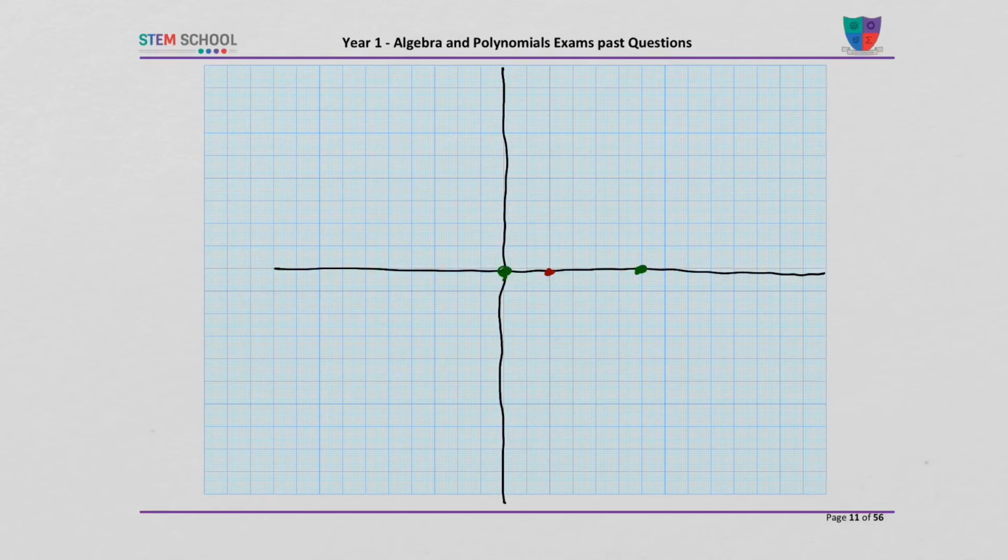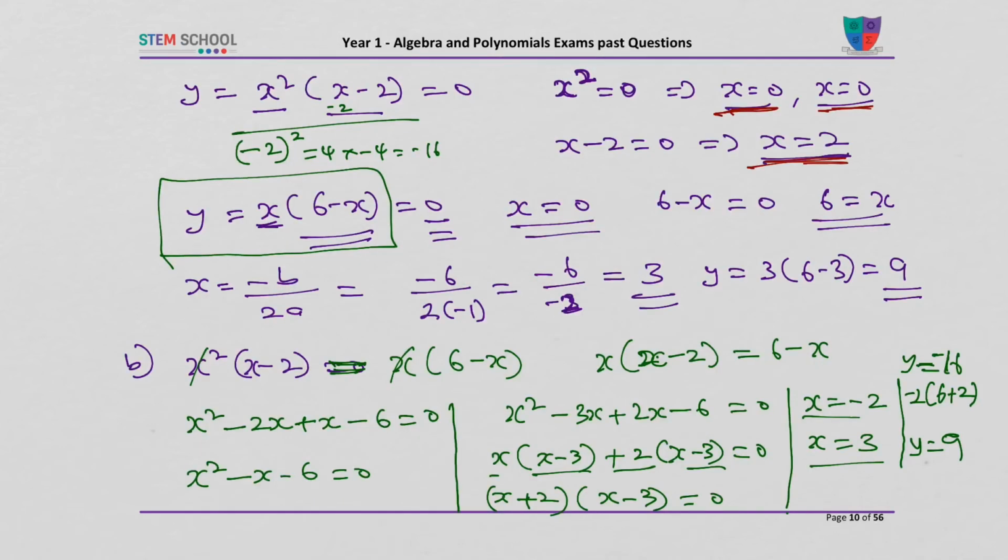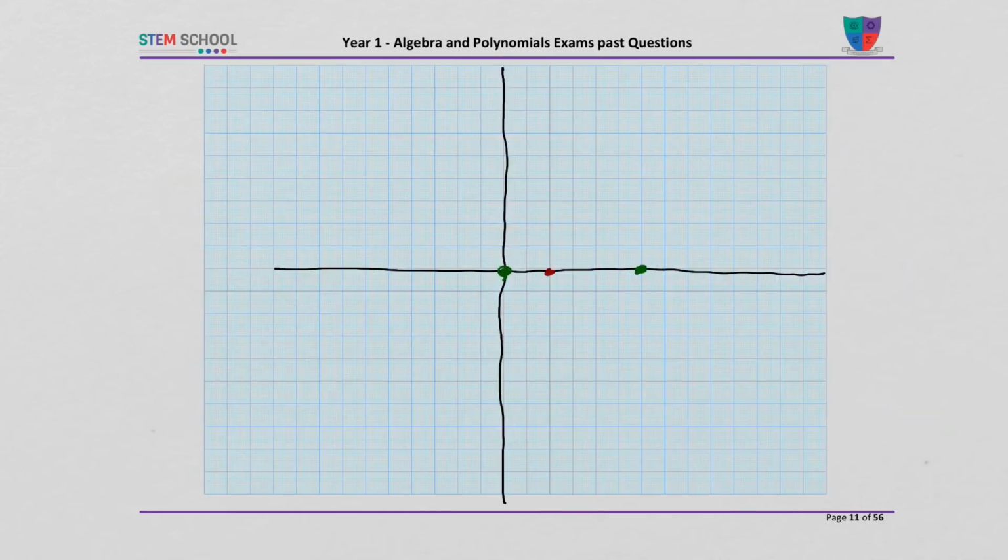Now let's look at where they intercept. Where they intercept, x is 3, y is 9. So that's 1, 2, 3, 4, 5, 6.